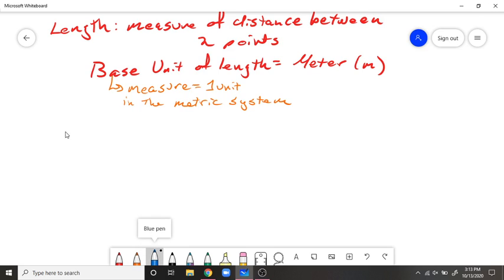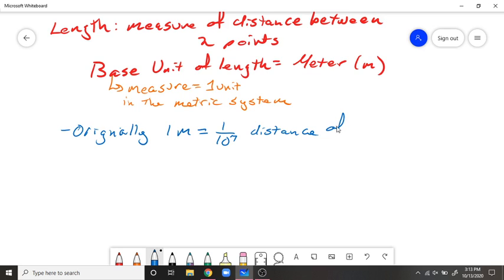Originally, in 1790, when the metric system was first being laid out, 1 meter was equal to 1 over 10 to the 7th the distance of the North Pole to the equator.